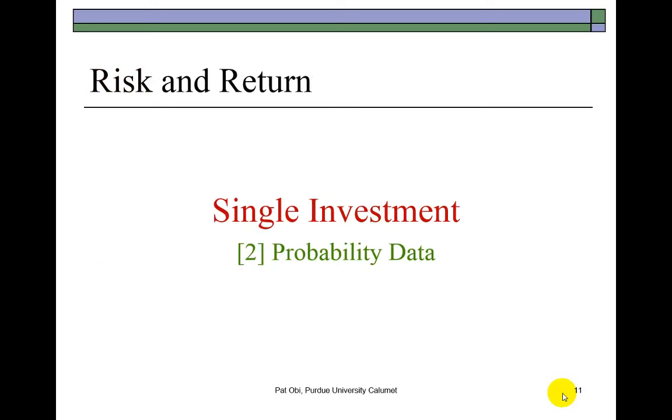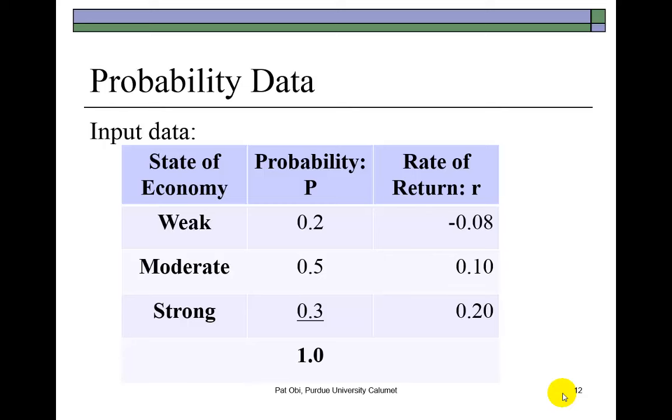Then you're going to have to use probability data, which means, for example, that you're going to have to consider the possible states of the economy that may occur going forward, and then make a judgment as to the likelihood of the occurrence of each of these economic states. In this example, we think there's a 20% chance that the economy will falter, a 50% chance that we're going to have a moderate growth, and a 30% chance that the economy will have a strong growth.